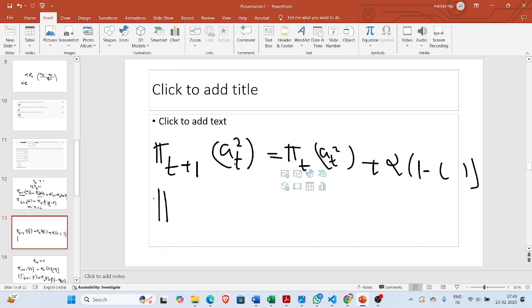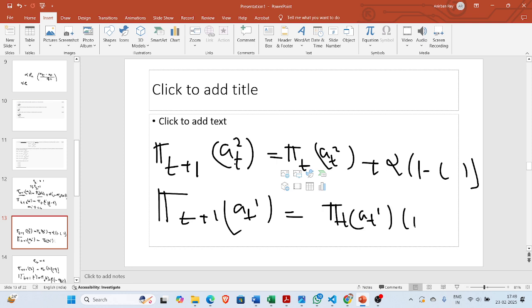And for this one, pi t plus 1 of a1 corresponds to pi t of a1, and what we have is 1 minus alpha. So this is our formulation first of all.